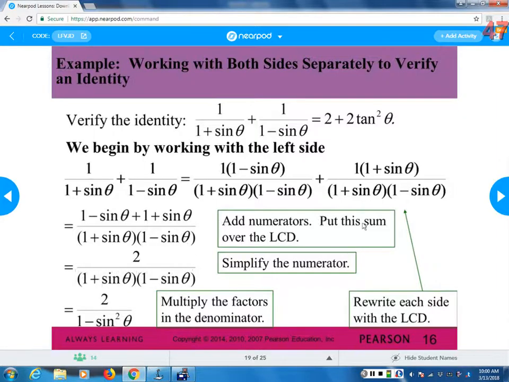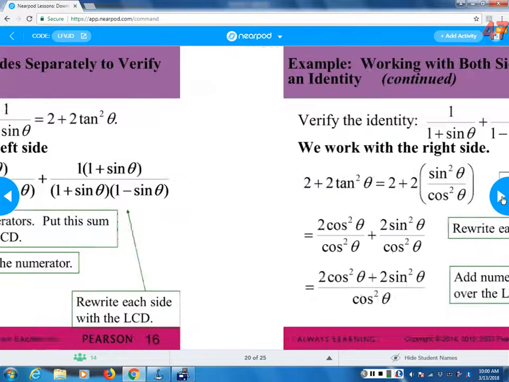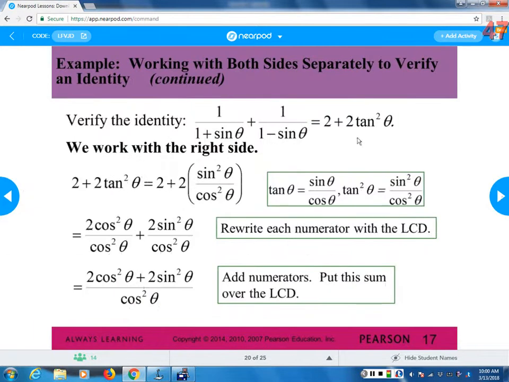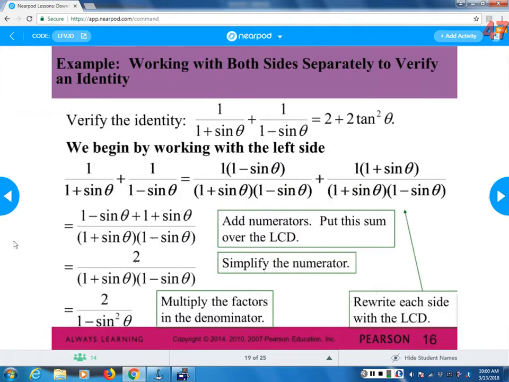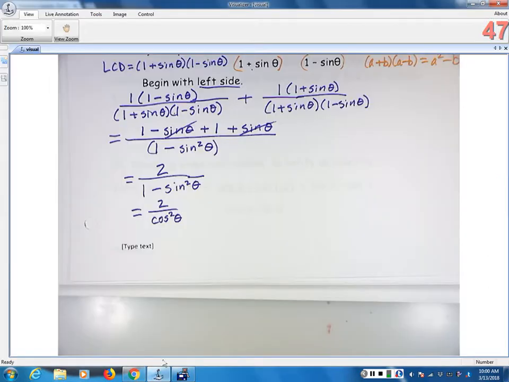We added the numerators, put the sum over the LCD, simplified the numerator, we multiplied the factors in the denominator. Okay, did they stop there? Okay, well I kept going. You could keep going or stop.